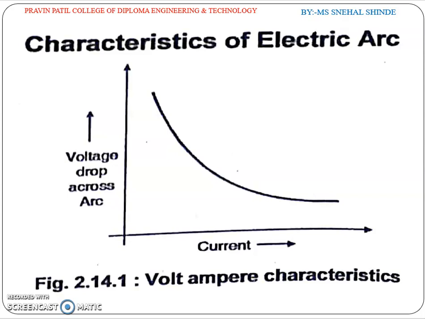So the voltage and current relation is inverse: for maximum current there is minimum voltage, and for maximum voltage drop across the arc there is minimum current. So this is the characteristic of the electric arc. It is plotted between the voltage drop across the arc and the current.